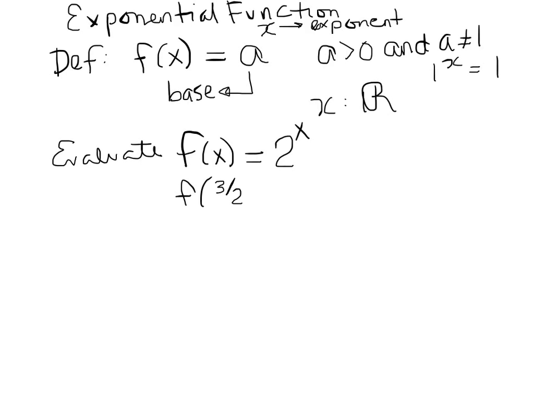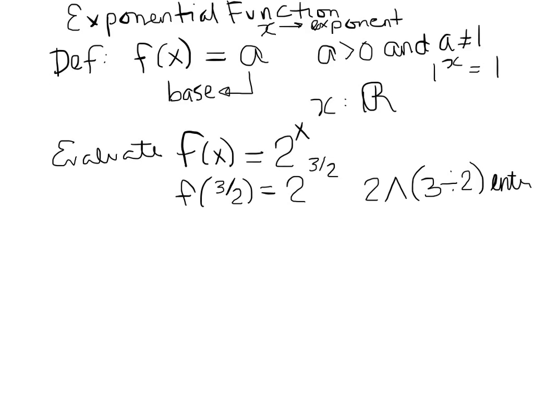Maybe it'll be 3/2 this time. And like we always do, we make the substitution x is 3/2. We can evaluate this on your calculator with that caret button. So you would simply enter 2 caret. Be careful to use the parentheses, 3 divided by 2, and then you can enter. And you should get a number for this. I don't have my calculator with me.